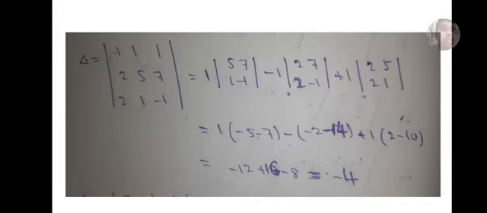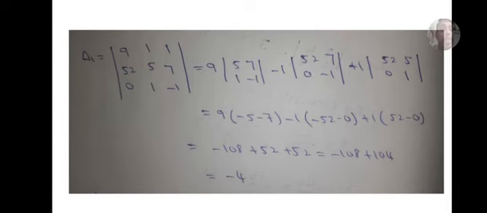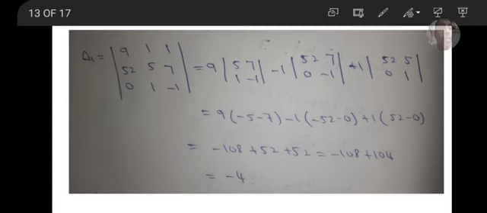Okay. Next, delta 1. Delta 1 means we will replace the first column with the constant matrix, the remaining is the same. The signs are the same: plus, minus, plus. So 9 into its minor. Minor means remove the row and column: 9 into 5 7, 1 minus 1.